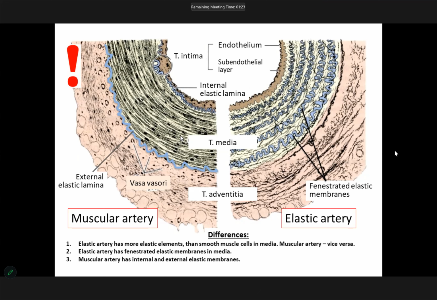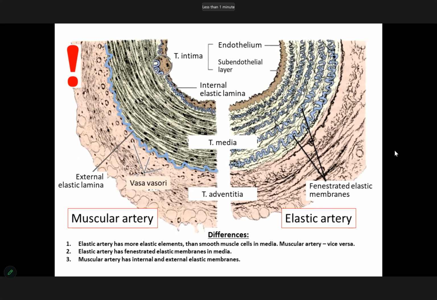In muscular artery, we have no elastic membranes. We can see a lot of smooth muscle cells that are circularly located. Between them, there will be some amount of elastic fibers and other components of extracellular matrix. Second difference, elastic artery has fenestrated elastic membranes.